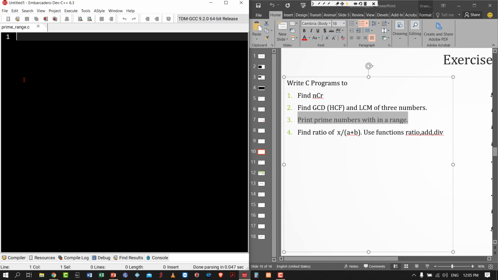Okay, listen carefully. First I am going to write a function which checks whether a given number is prime or not. For that, I am going to define a function called isPrime. This is the function name.